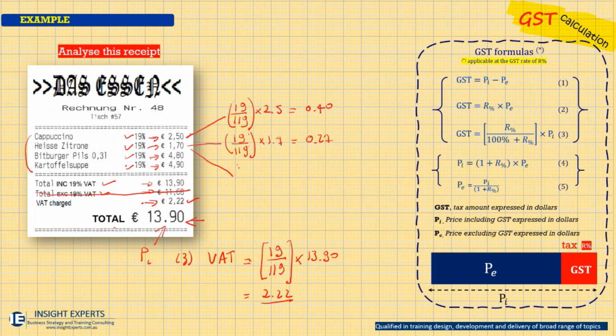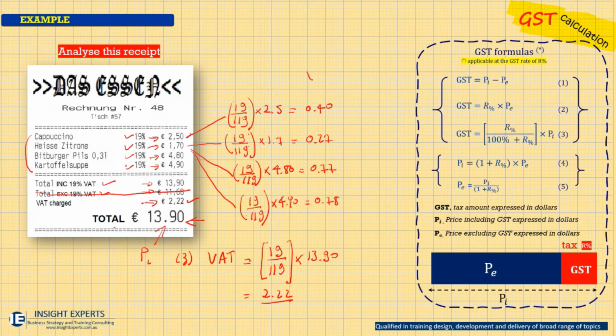Now item number 3 is equal to 0.77, and the last item, times 4.90, is equal to 0.78.